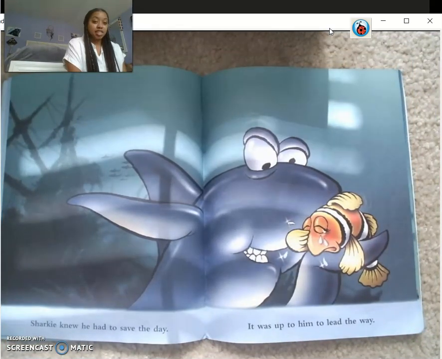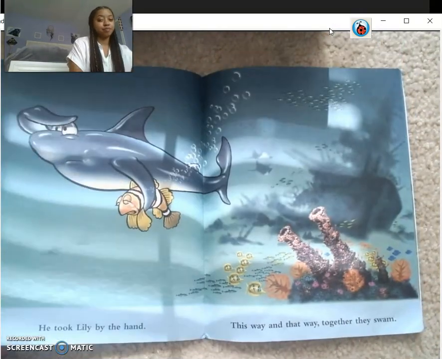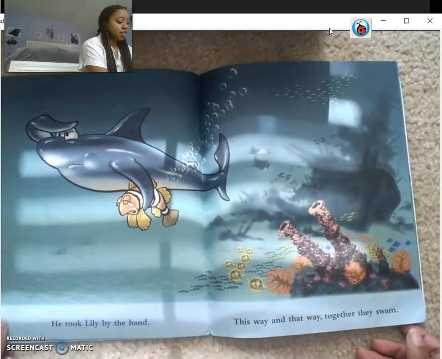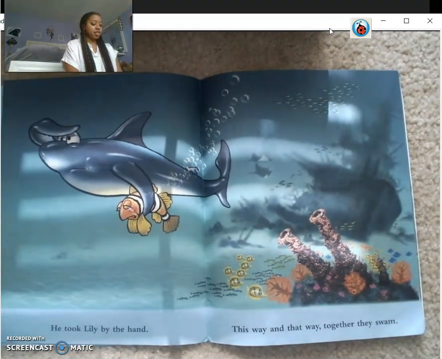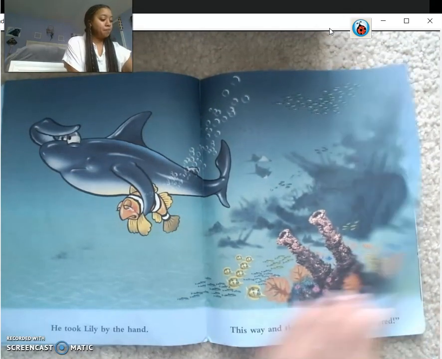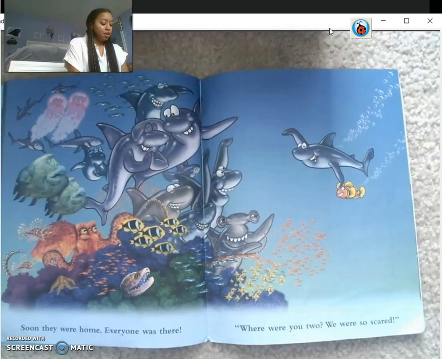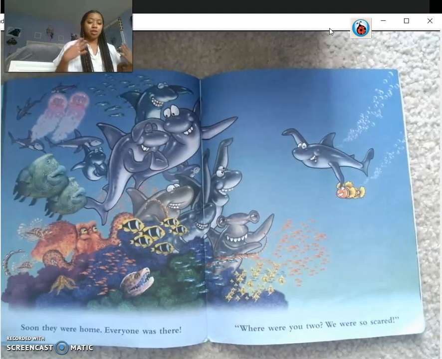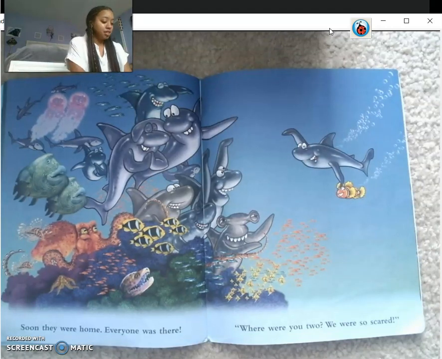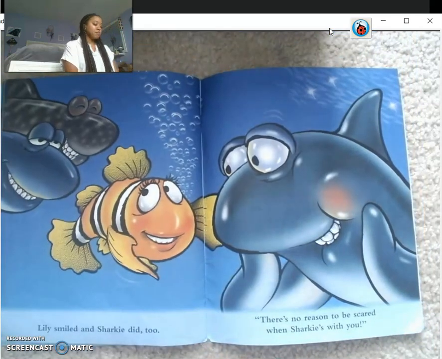Sharky knew he had to save the day. It was up to him to lead the way. He took Lily by the hand. This way and that way, together they swam. Soon they were home. Everyone was there. "Where were you two? We were so scared." Lily smiled.